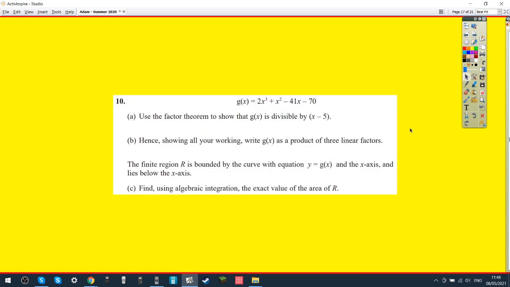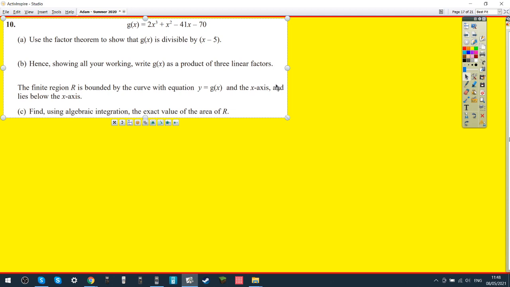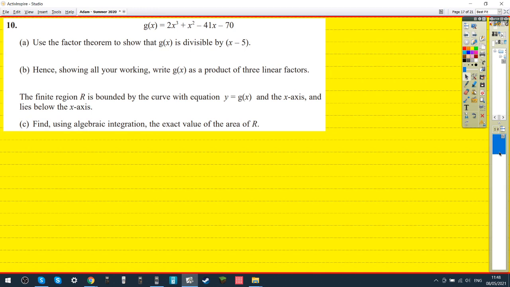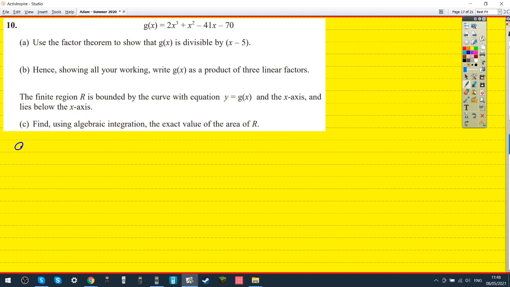Okay, how about this? So would you need to factorize? No. Factor theorem is the quick way of doing it.